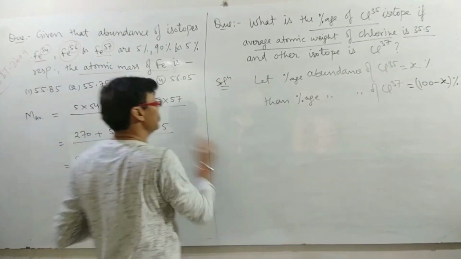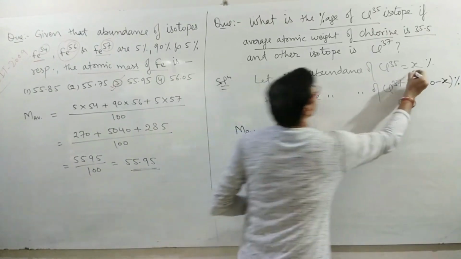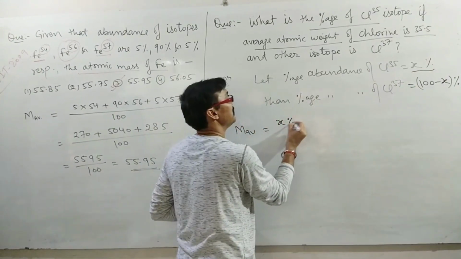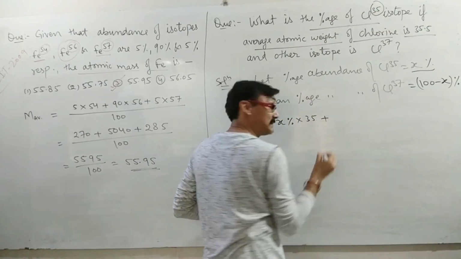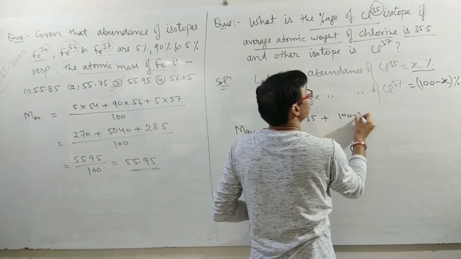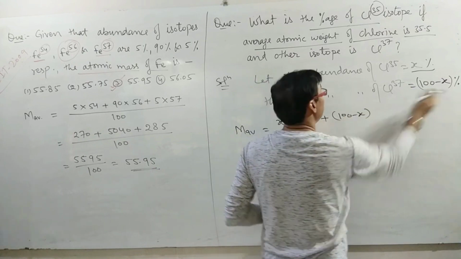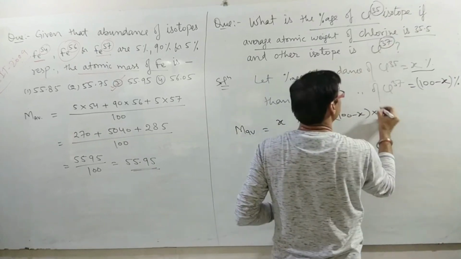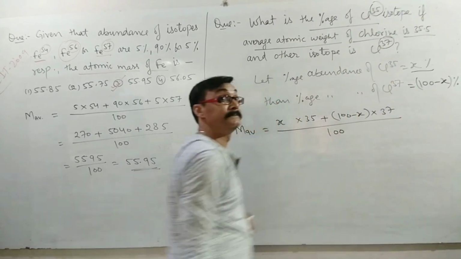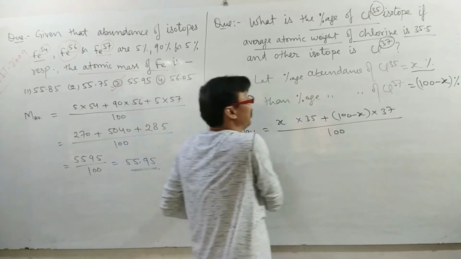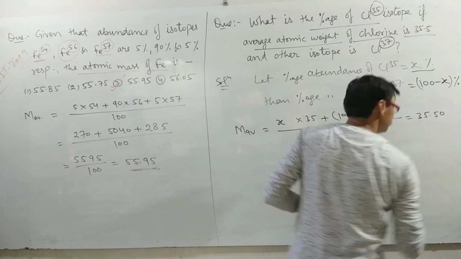So according to the equation, average atomic mass is equal to the percentage abundance x percent multiplied by its atomic mass 35, plus the percentage abundance of the other isotope multiplied by the atomic mass of that isotope, divided by 100. The average atomic mass of chlorine is given as 35.50.